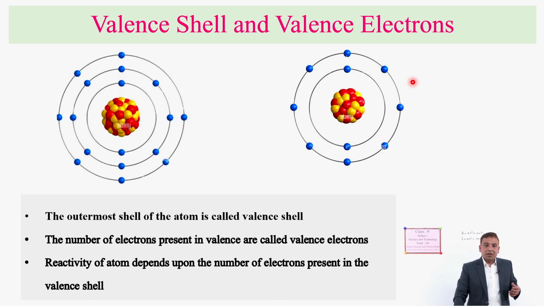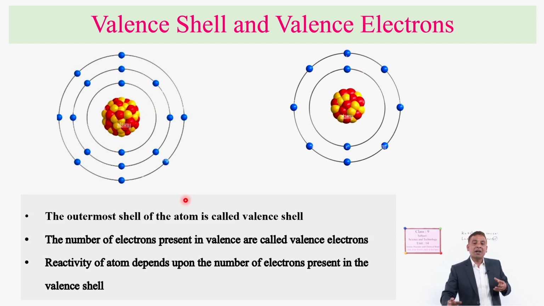As we are talking about the structure, we have configured the number of electrons at the different orbits. What are these orbits called? First the K shell, L shell, M shell. In the same way, we are now talking about the valence shell as well as valence electrons. As you have just looked at the screen, the outermost shell of the atom is called the valence shell.